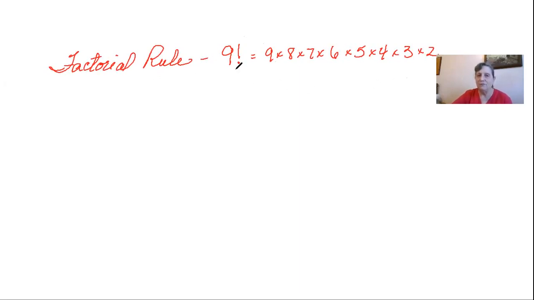The factorial rule works the same way, except there's no replacement. No repetition. You can't use the same thing twice.